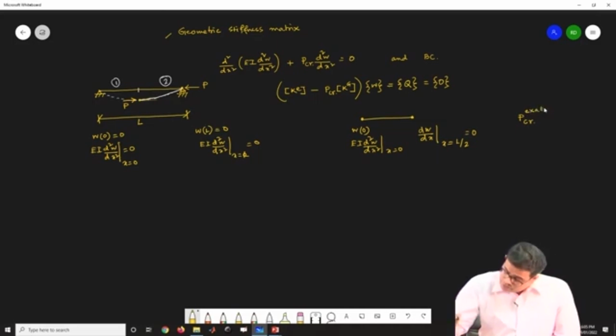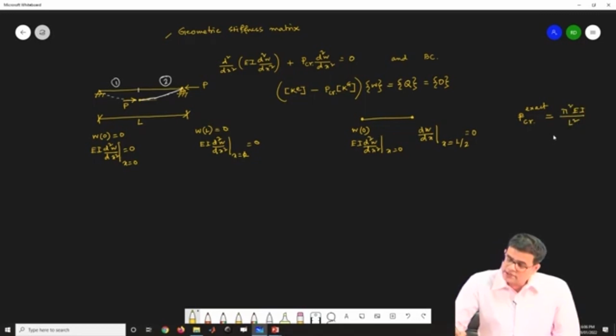So, P critical is your exact pi square EI by L square, I think.